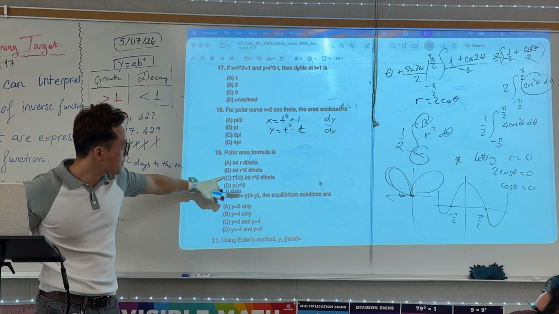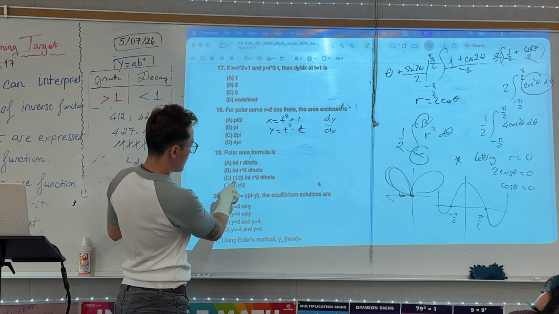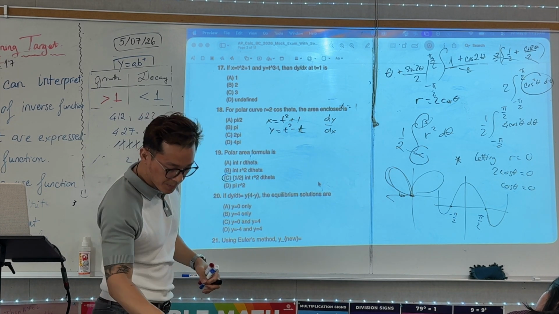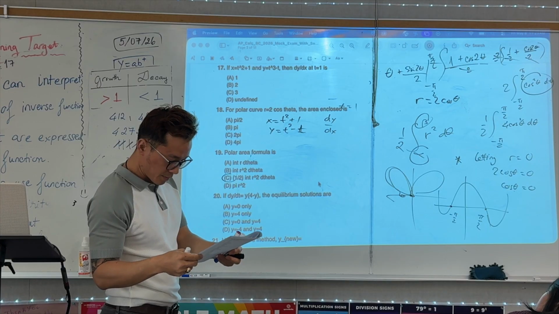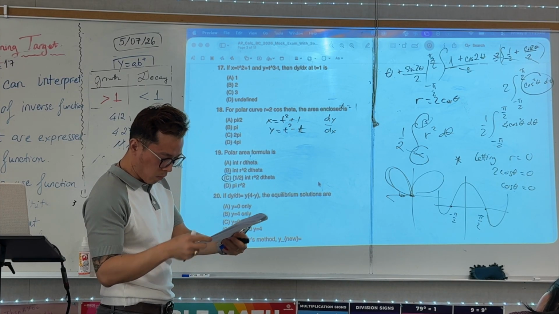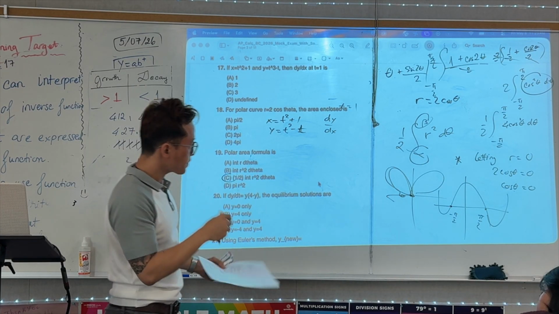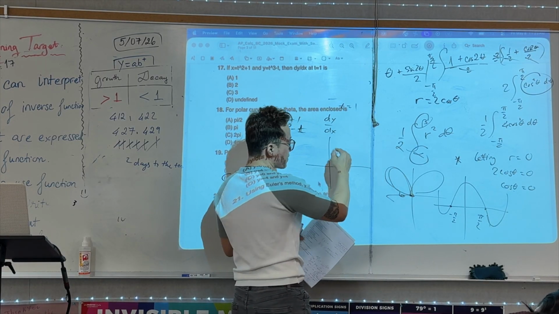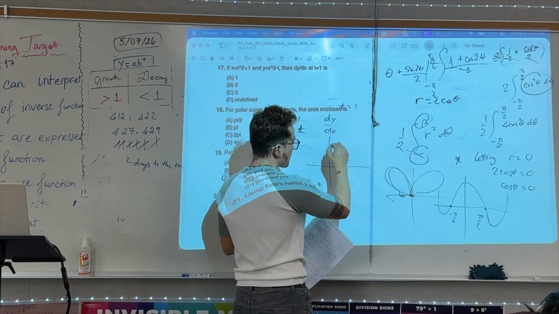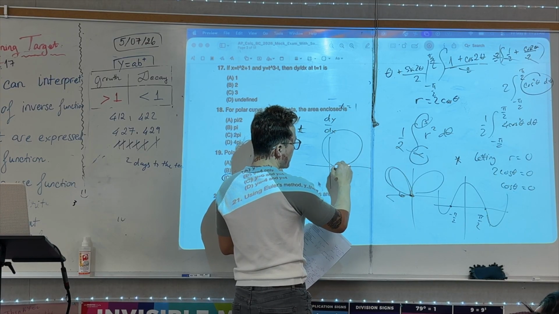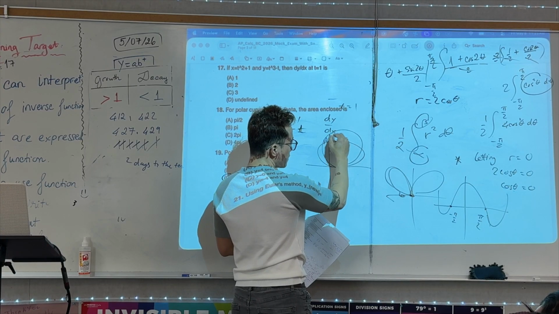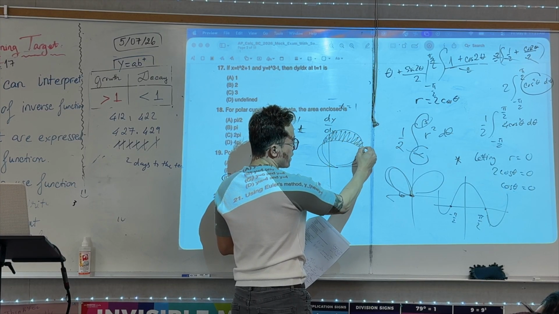Polar area formula. Oh, we just talked about this. Easy, right? 1/2 integral r squared d theta. That's just the formula. Now, if the polar is something like this, like intersection, you have something polar here and some polar here, then what are you gonna do?